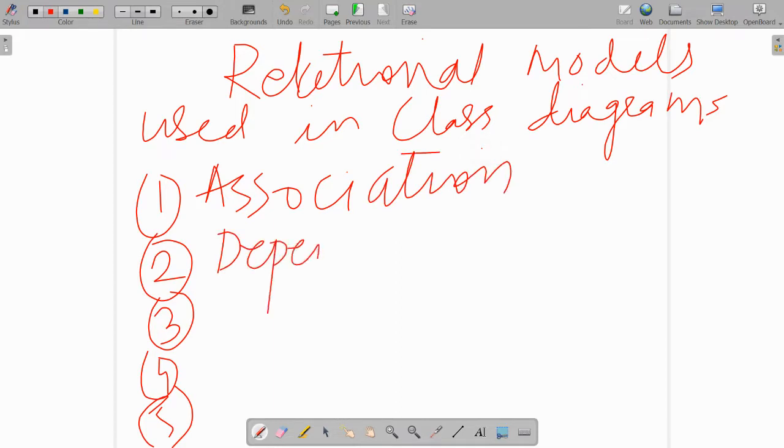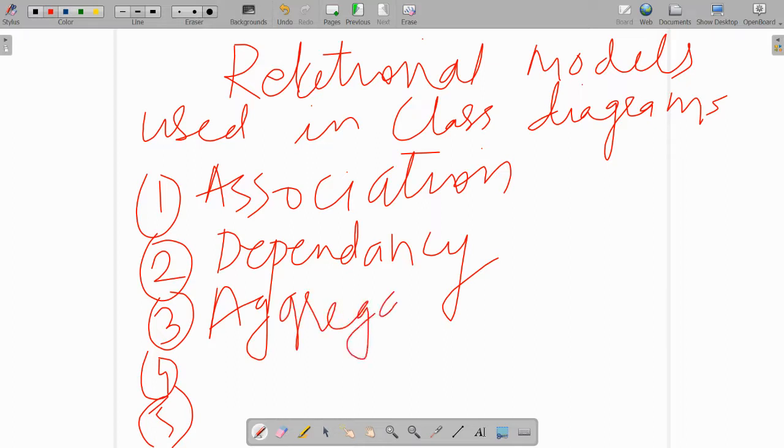See, a dependency came, which means you know that we have shown this dependency by using the dotted line. Then it could be aggregation. See, these are simple terms, you will be able to understand this. Okay, I'll be just explaining one or two, the rest of the thing you can do by yourself.